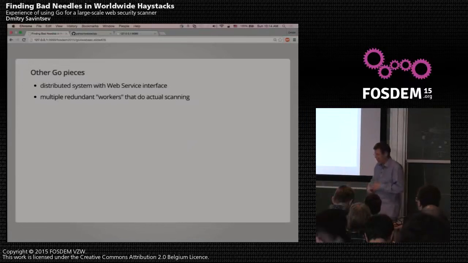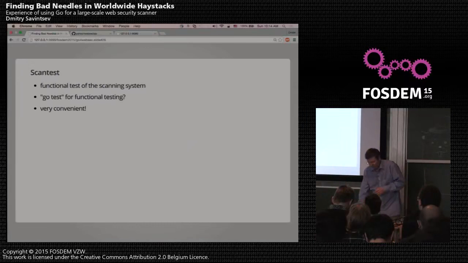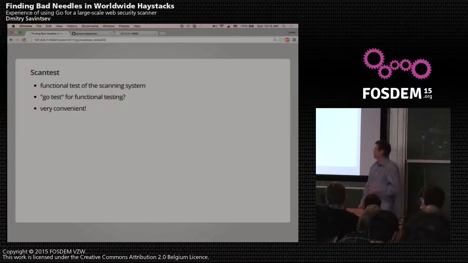That part is also done in Go. We also use Go test, and I actually found that it's convenient for functional testing. You do go test and put a build tag on the functional tests, and it works quite well.